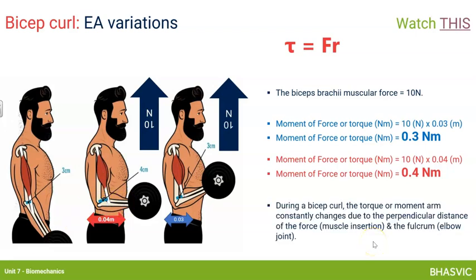So what we can observe here is that based purely on the internal lever system, the effectiveness of the torque of the biceps brachii varies depending on the position, because the perpendicular distance from the insertion varies, going from 3 to 4 to 3.